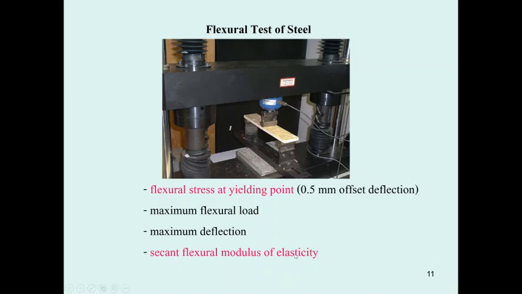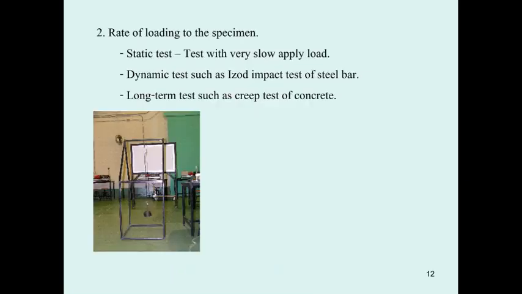In this materials testing course, you will determine those important mechanical properties for each test, for the tension test, for the compression test, and for the flexural test, for example. And next, when we consider the testing, we also have to consider the rate of loading on the specimen.